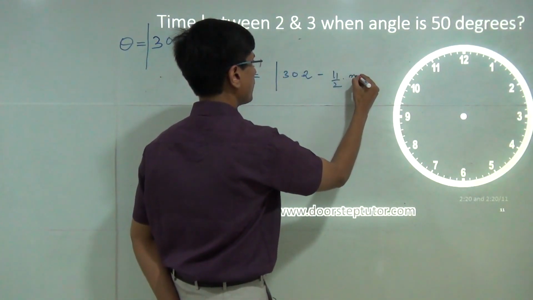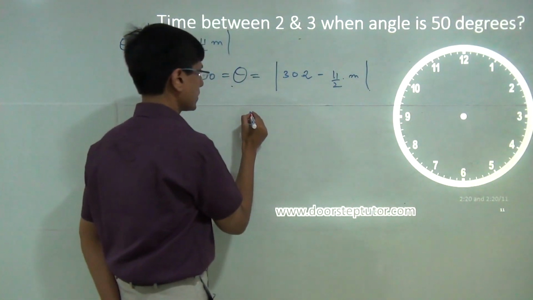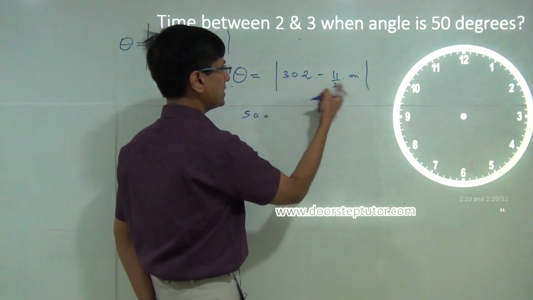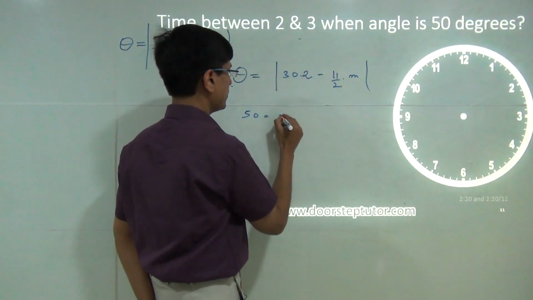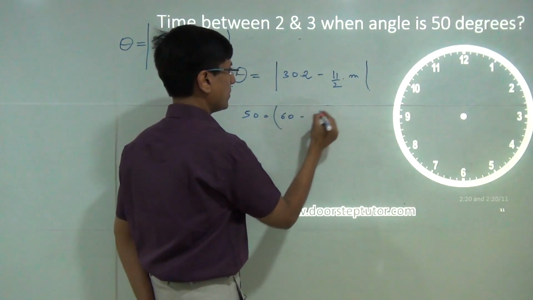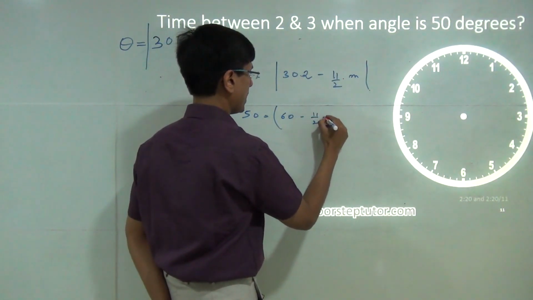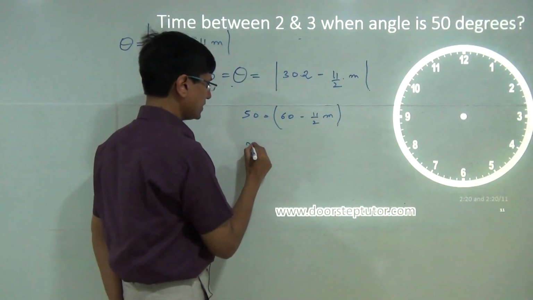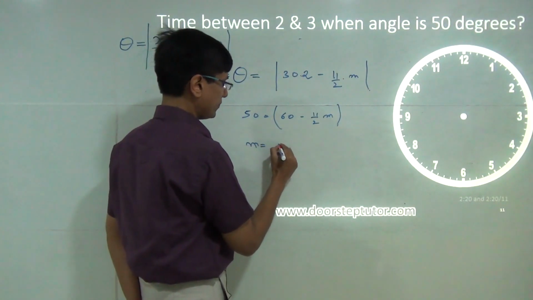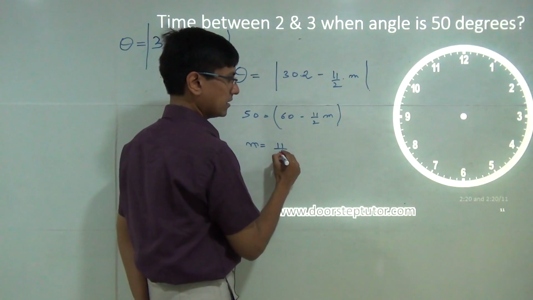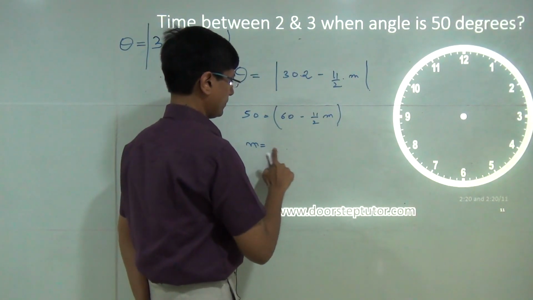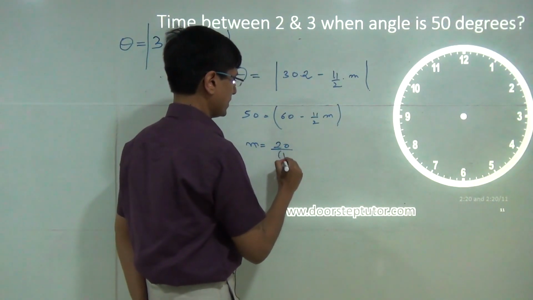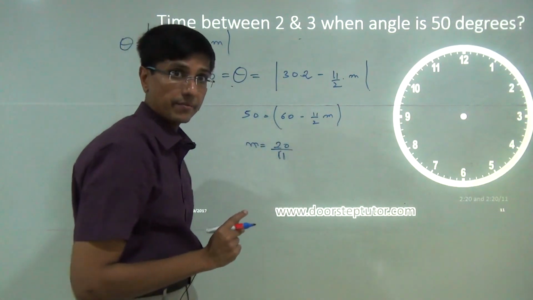So m I have to find out. So 50 is equal to, I will solve all this, 30 into 2 becomes 60 minus 11 by 2 m. If you solve all this, you will get m is equal to 20 by 11 minutes. This is what the m would come out to be.